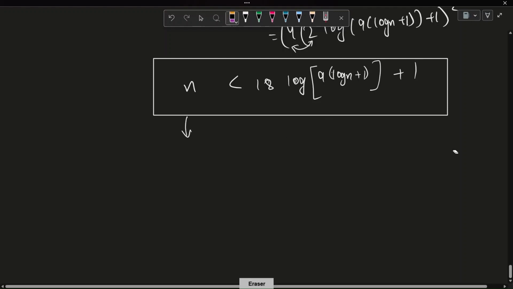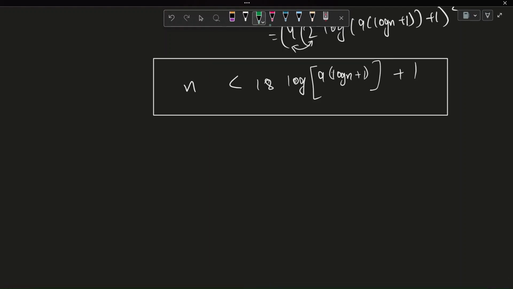Okay, so using that, now suppose we substitute a value 1000. If we substitute n equal to 1000, then this big chunky term becomes 18 times log of, why I'm substituting 1000 is this log of n will become an easier term. This will become 3.